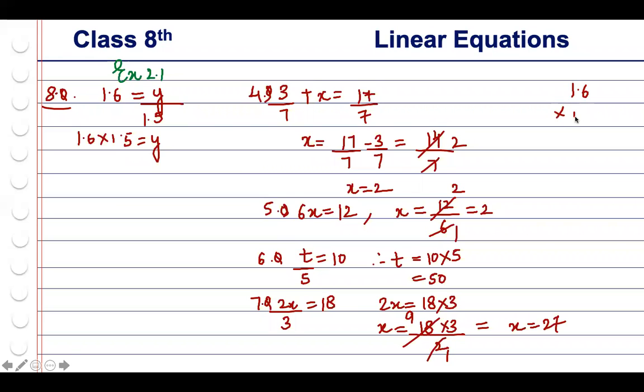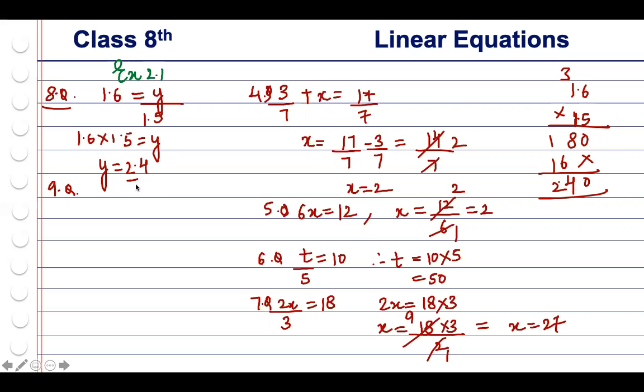So it's 1.6 into 1.5. Basically, I'll multiply 16 and 15. I get 2.4. So my y is equal to 2.4. You can even write 2.40 or 2.4, that is one and the same thing.